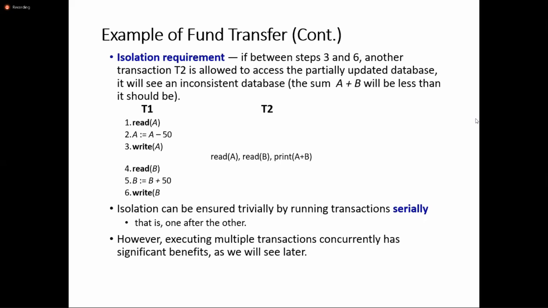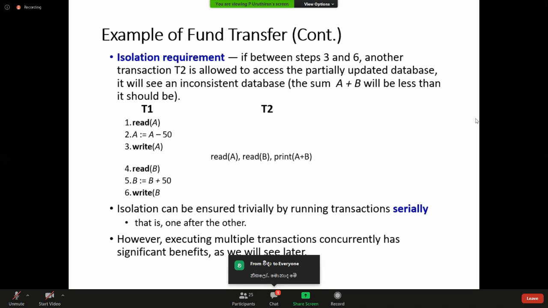Okay, for example, as we showed earlier, the database is temporarily inconsistent while the transaction to transfer funds from A to B is executed, with the total deducted from A and increased in B, because we deduct the money from A to increase the money in B. If a second concurrently running transaction reads A and B at this intermediate point and computes A plus B, it will observe an inconsistent value.